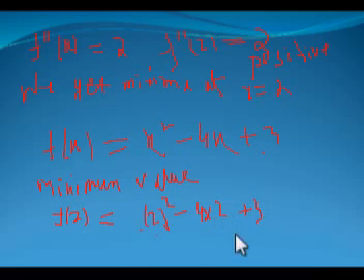Solving it, we get 4 and 3, 7, minus 8, which is equal to minus 1. So the minimum value will be minus 1.